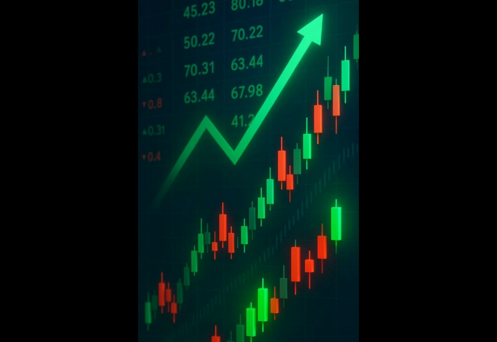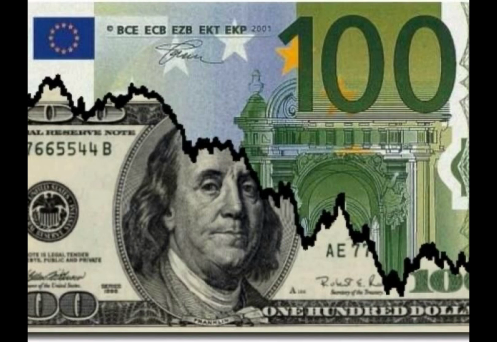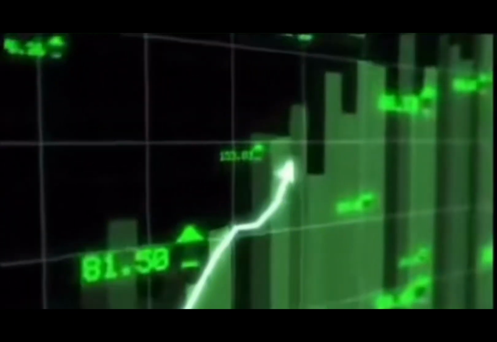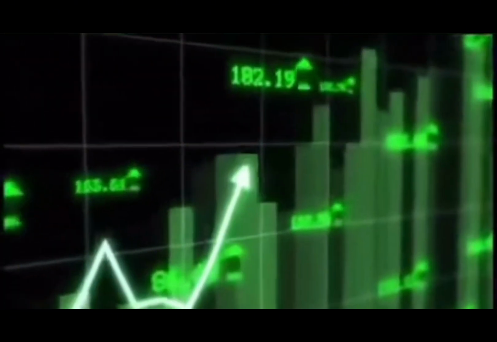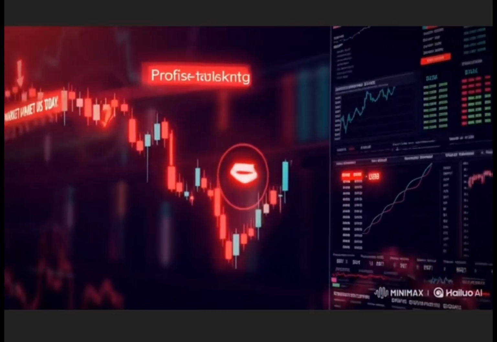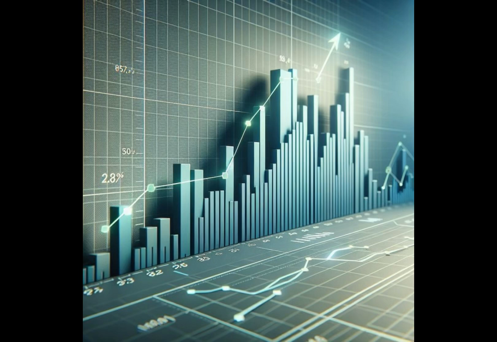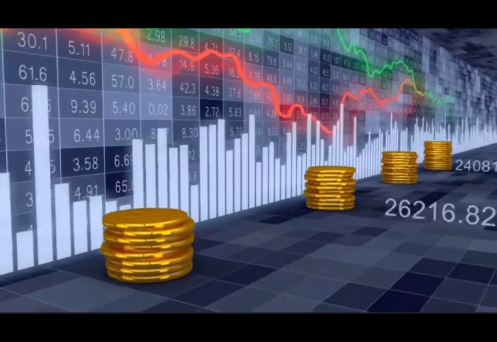Now, if Euro/USD moves from 1.100 up to 1.1100, the euro has increased in value against the dollar. So the euro pair went up. If it goes from 1.100 down to 1.0900, then the euro has lost value against the dollar. So the pair went down.